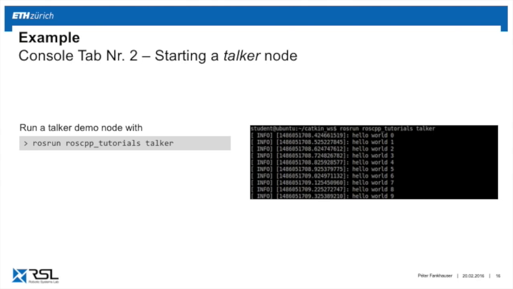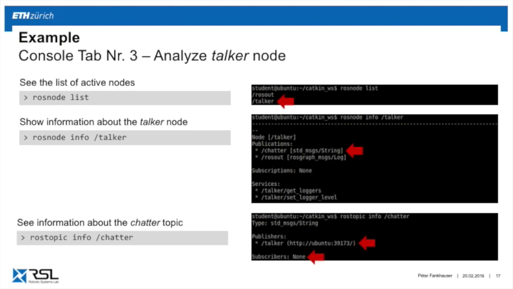Okay. Now you're going to open console number 3. And we're going to look at what is happening right now in your system. By typing in rosnode list, you should see the node which you just started in console number 2. You should see that you have here your talker node that you just started.